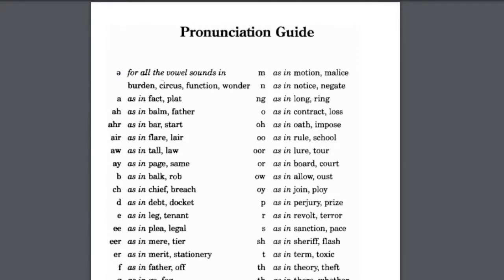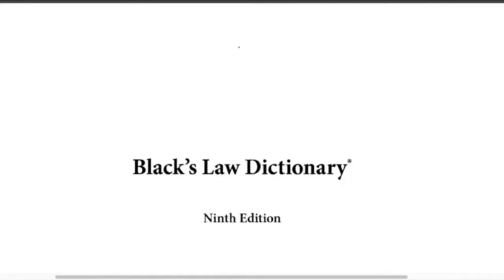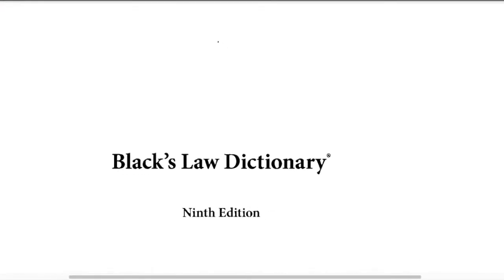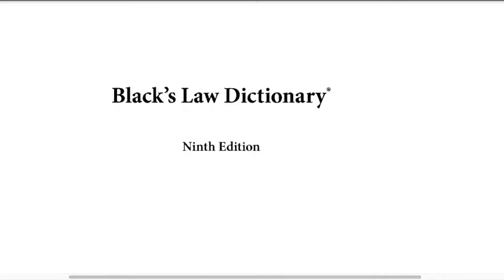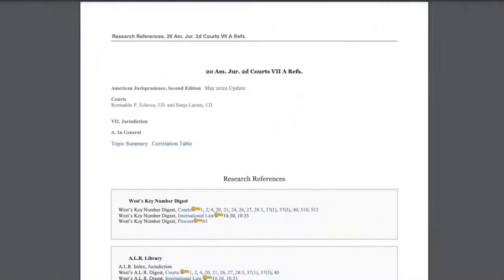Oops, I'm just trying to get this zoomed in a little bit and looking good for the screen. I think we should be good to go about now. And oops, let's get to the AmJur. Let me get this going, and then we're going to start.